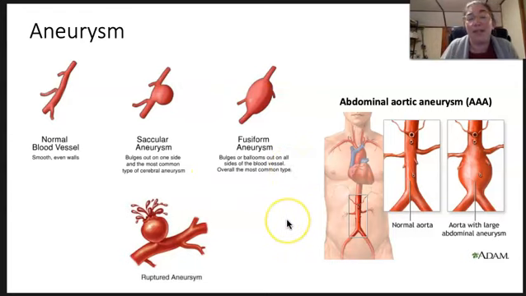Another really dangerous type of aneurysm is an abdominal aortic aneurysm, which is often just referred to as a AAA. And this is an aneurysm in the very, very large blood vessel here in your abdominal aorta. And it's pretty much always asymptomatic until it ruptures.